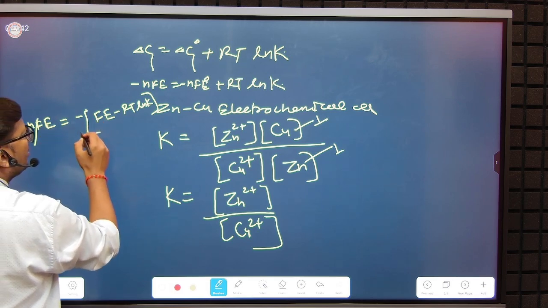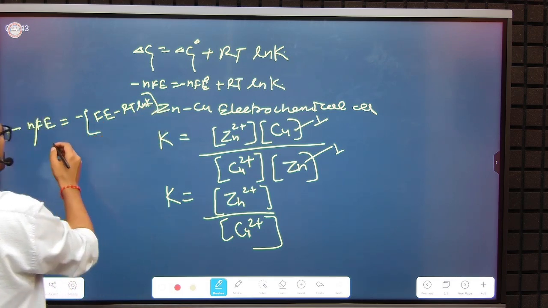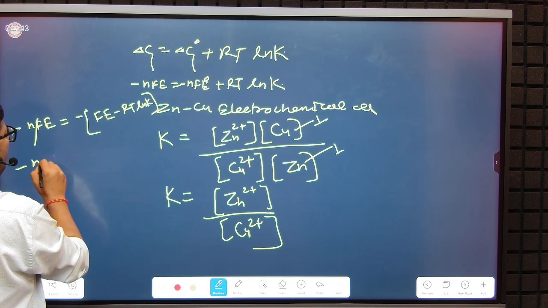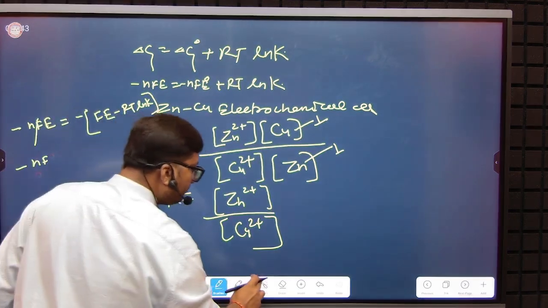Actually, this is in the case of minus nF, so this minus minus actually cancel out.